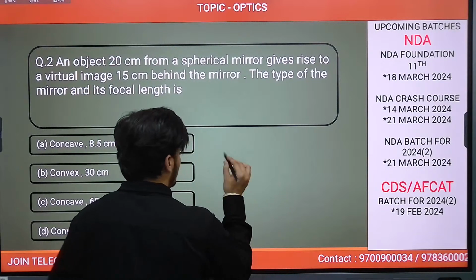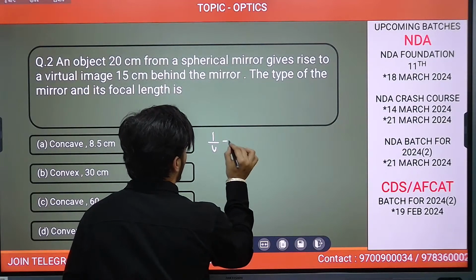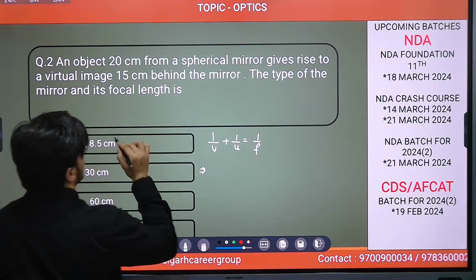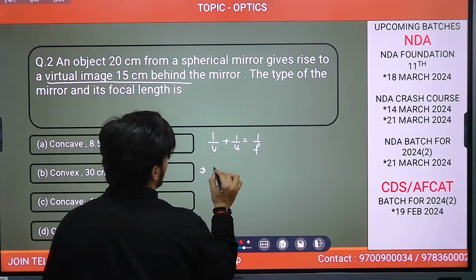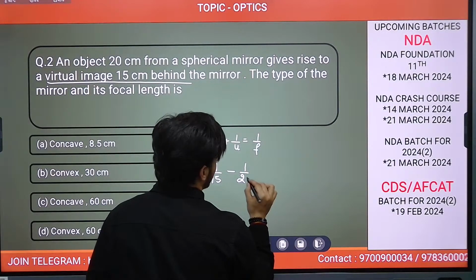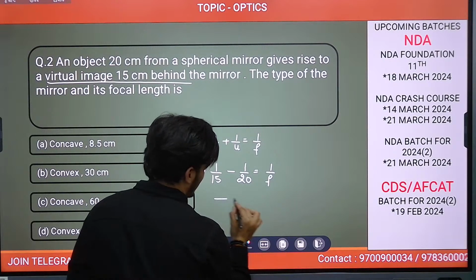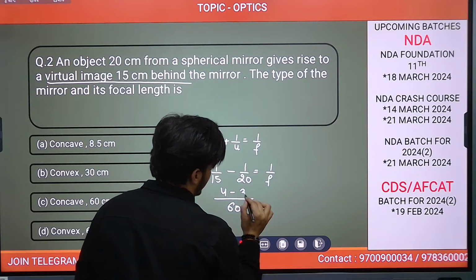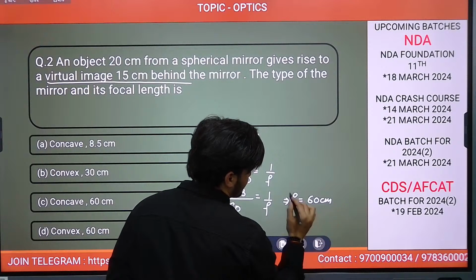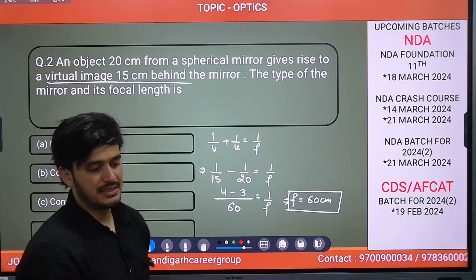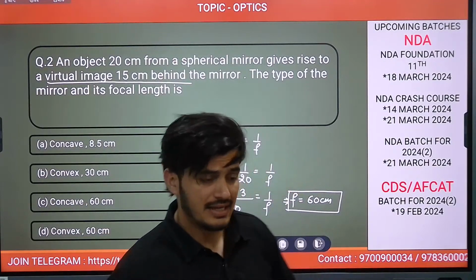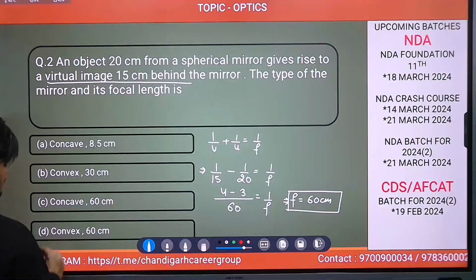Now from the new Cartesian sign formula, 1 upon V plus 1 upon U is 1 upon F. Now since the image is virtual and that too behind mirror, so it will be 1 upon 15 minus, object distance always considered as negative, equals to 1 upon F. When I took the LCM, this will be 60, 4 minus 3, 1 upon F. So F comes out to be 60 centimeter, which means that since it is positive, क्योंकि फोकल लेंथ जो है वो पॉजिटिव है, which means that it is a convex lens.